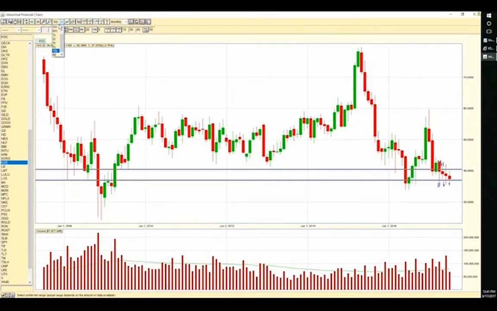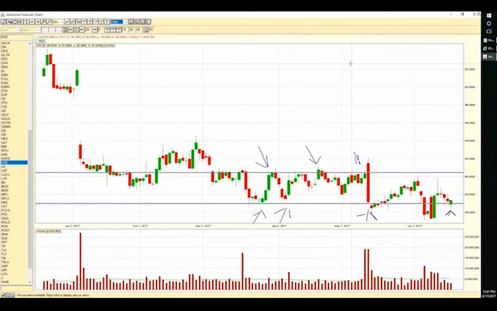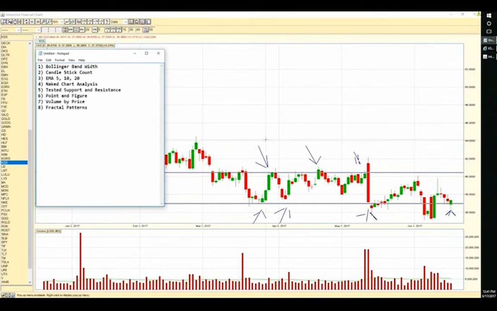Let's go back to our 6-month daily chart. All right, fantastic. The next piece of our puzzle after fractal patterns is I actually like to do a little mathematical calculation. How many with the show of hands are ready for us doing a quick mathematical calculation?